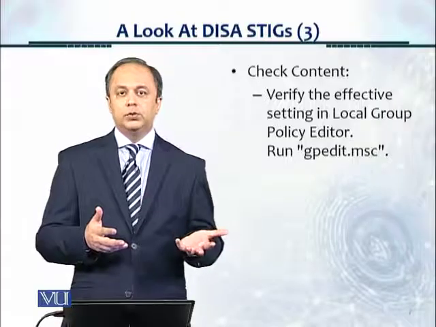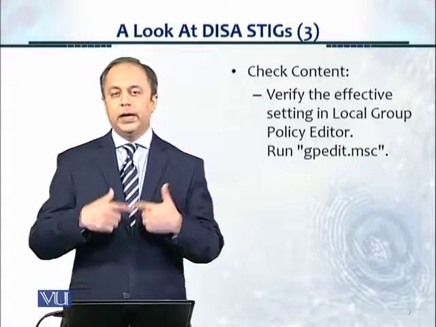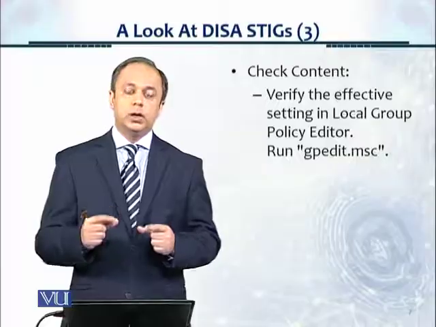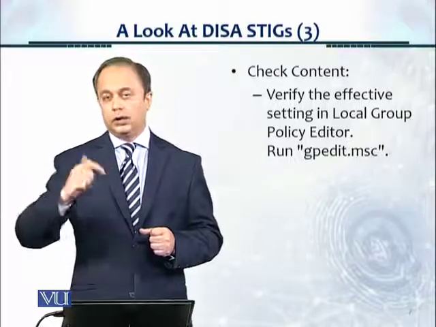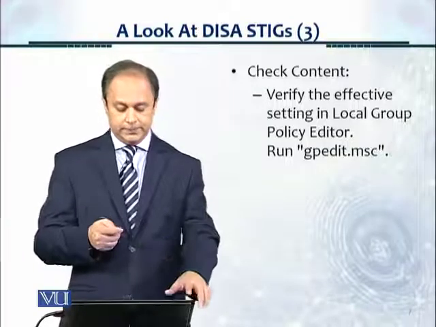Now, if you set the account lockout time, then it'll wait for a certain amount of time and then it'll become unlocked. But if you set it to 0, then the administrator will have to go and do the account unlock himself.